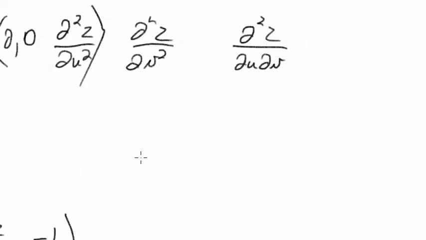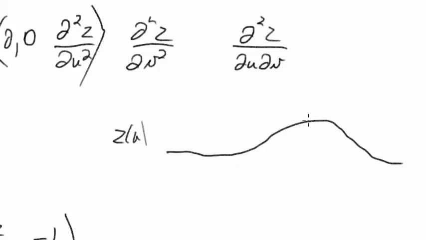Think about it. If z of u looks like this, then right in here you're going to have negative curvature, and right in here, positive curvature. There's your inflection point: positive curvature there, negative curvature there.